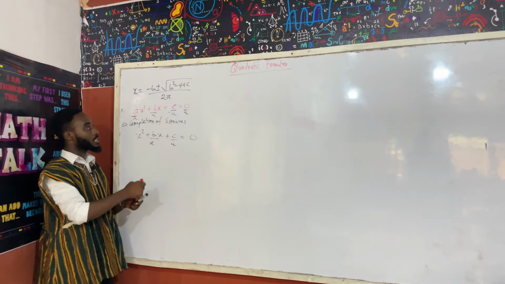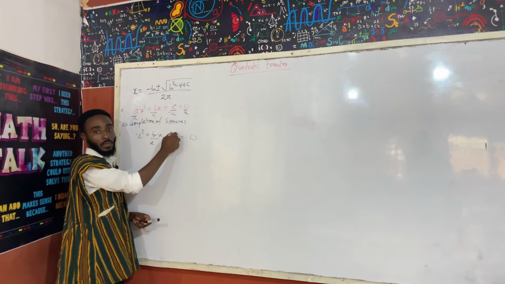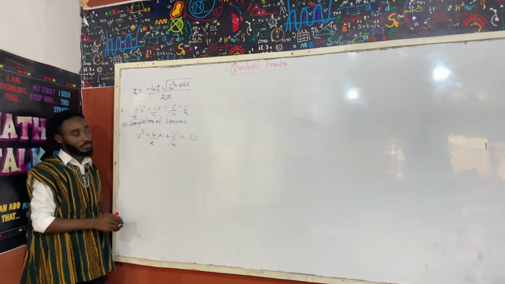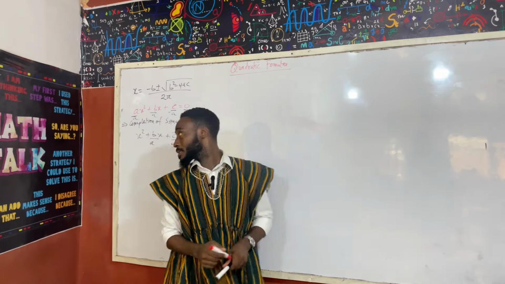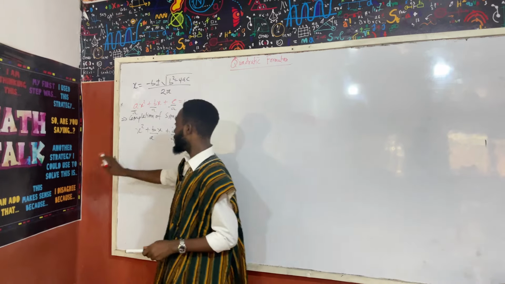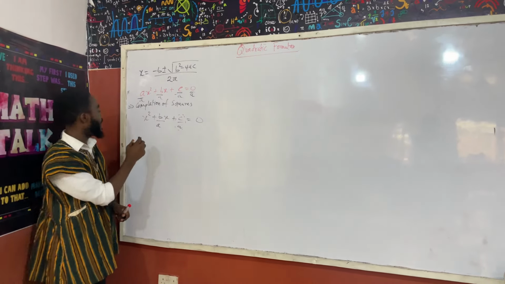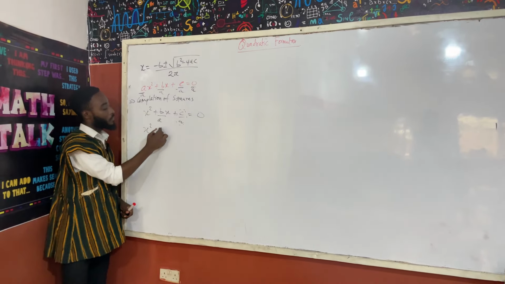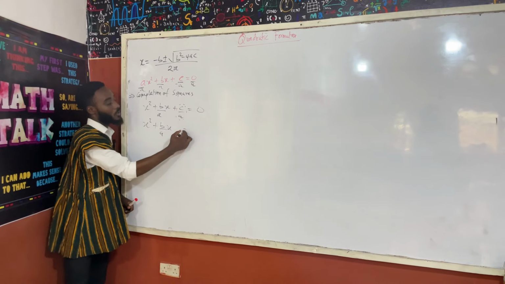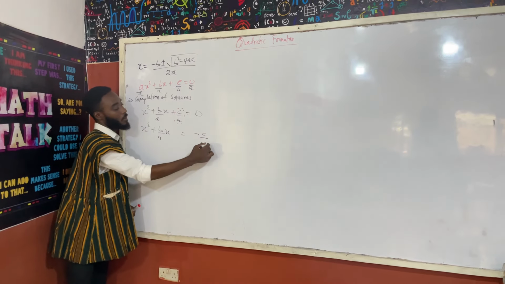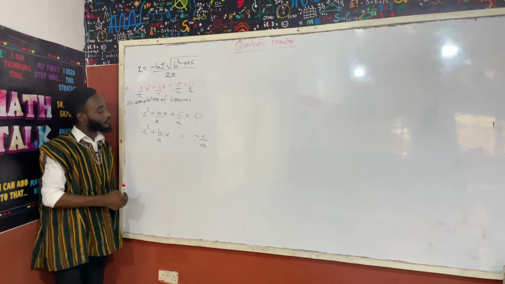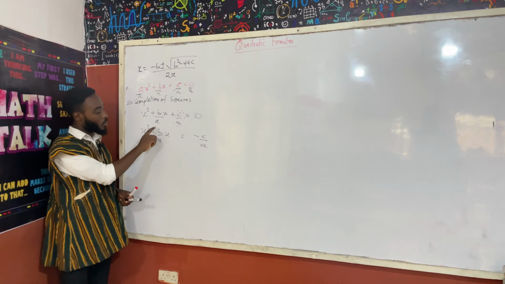And I would want to send the constant term to the other side. I'll have x squared plus b over a x is equal to minus c all over a. And if I'm completing the square, what do I introduce?